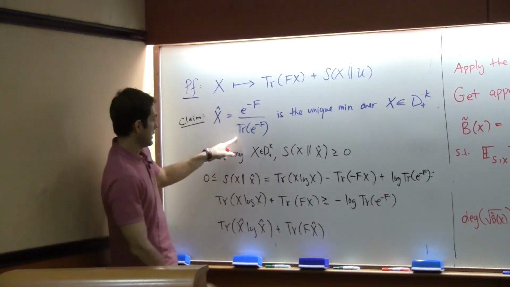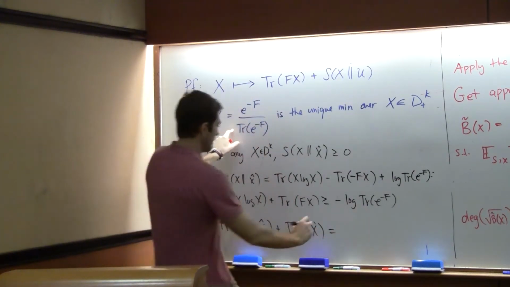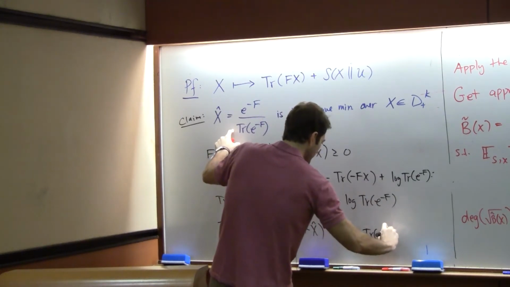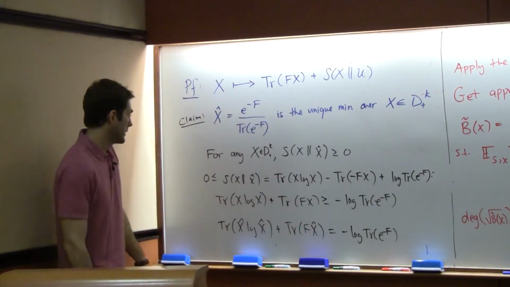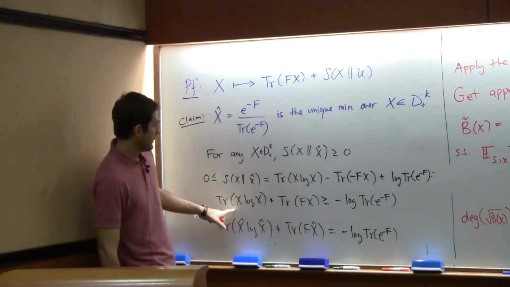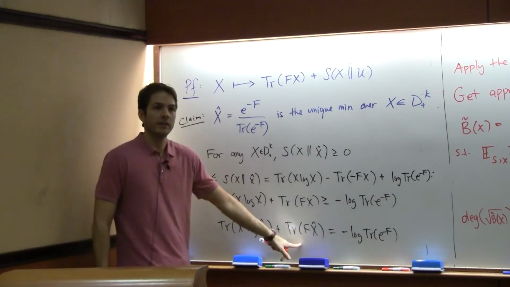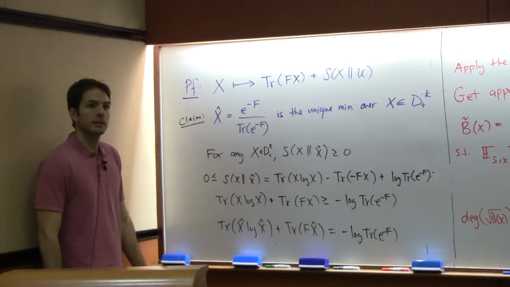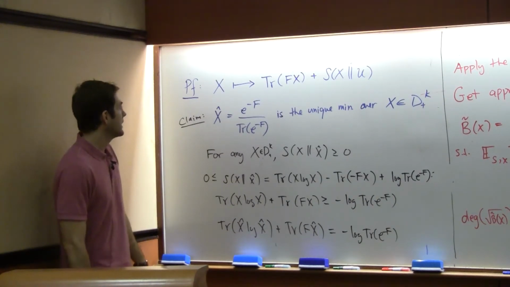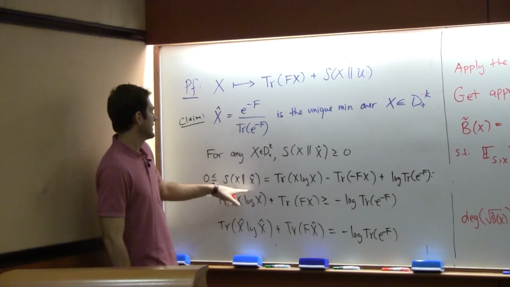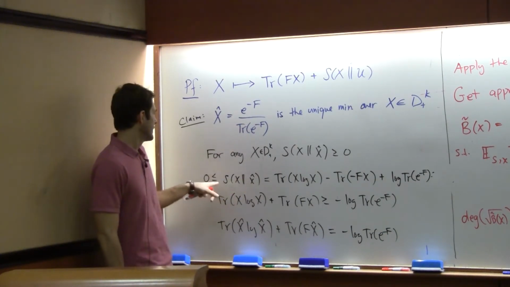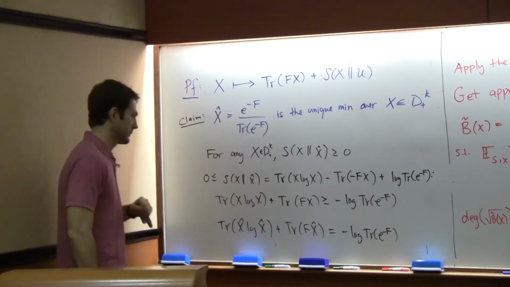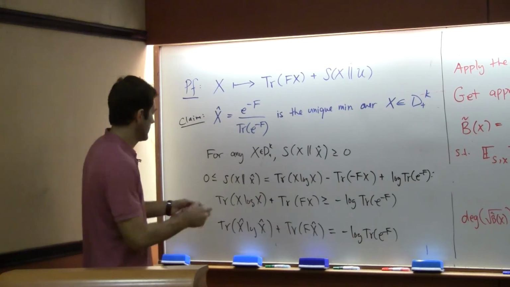So we're only left with the denominator, and we get the same thing as before. So you see that for x, this thing is greater than or equal to the value for x hat. So that implies that x hat was indeed the minimizer. And when I said unique, it's just because this function is strongly convex in x. So if x and x hat were not the same, you would get strictly greater than 0. Okay, so that was the proof.